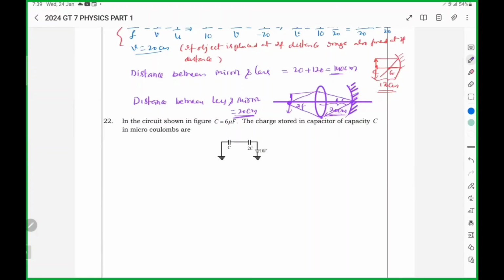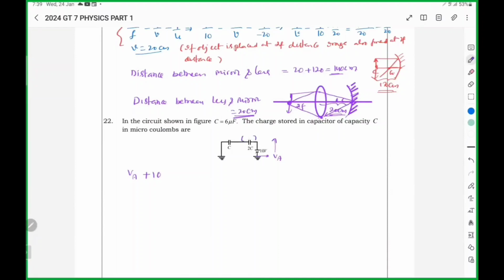So here, to solve this type of problem, we don't know. Generally, potential on the ground is 0. Let me write VA. So the potential at A, let us apply Kirchhoff's law. Negative terminal to positive terminal, 10 volts.